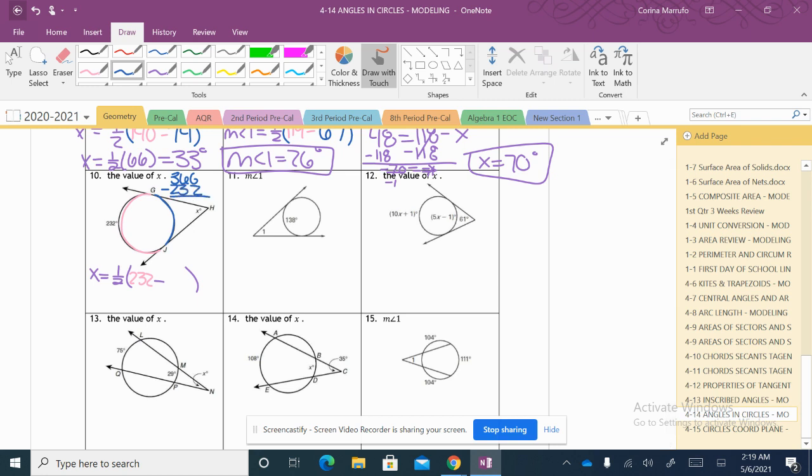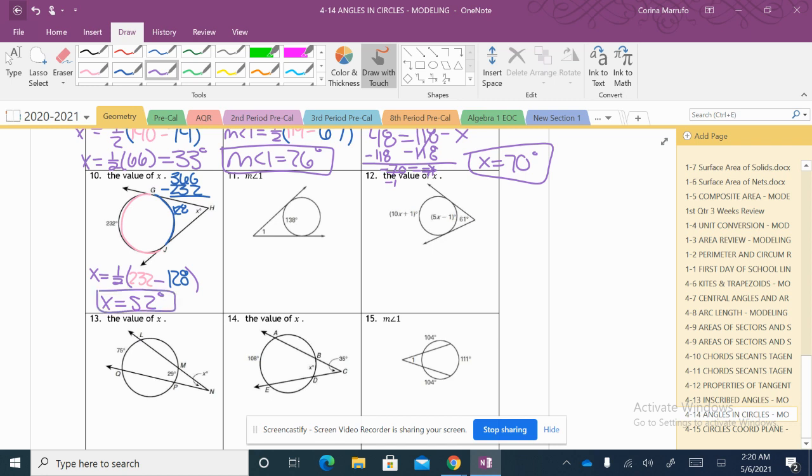So 360 minus 232, and that's 128. Then we do 232 minus 128, that gives us 104. We take half of that, and that gives me my exterior angle x is equal to 52 degrees.